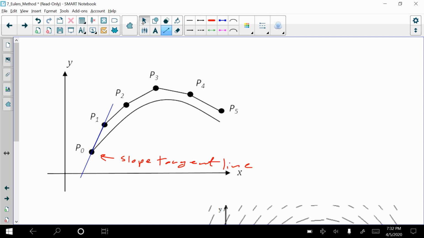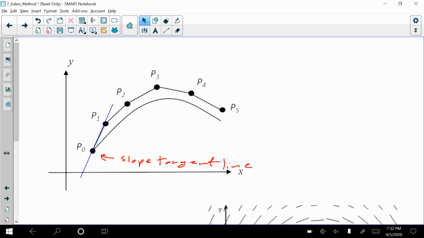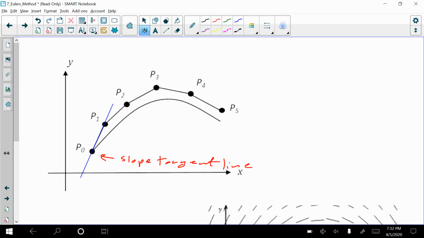Maybe that may not be completely accurate, but that's essentially what we're doing: we're finding the slope of the tangent line. Now, when we looked at slope fields, we focused on just the little segments, and that's essentially what we're doing here. We're looking at the little segments of the slopes through each point, so that we can identify, well, if I know the slope at this point, I can use that to get to my next point.